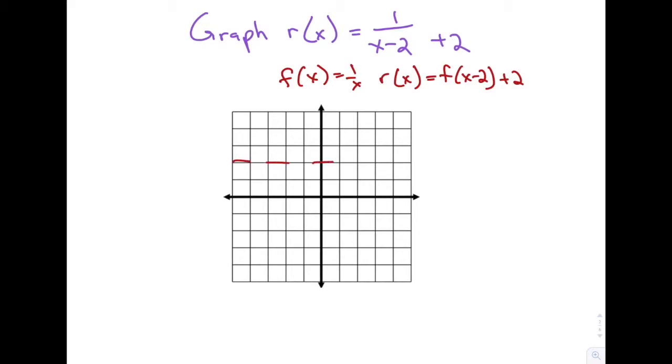So we'll draw the asymptotes at that point, and we'll draw in the rational function. So that's what this will look like.